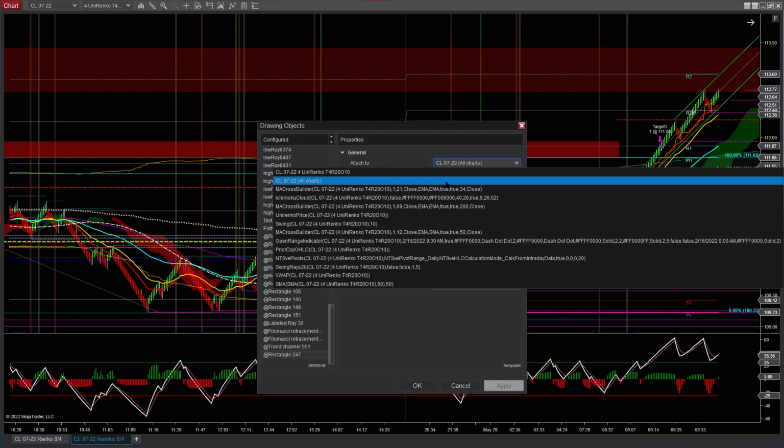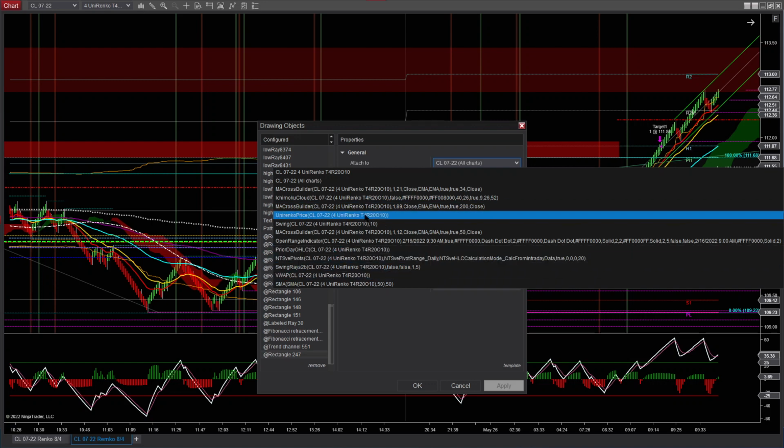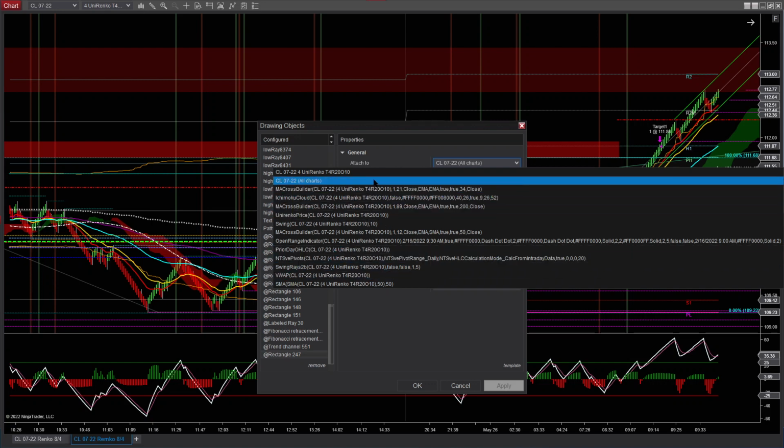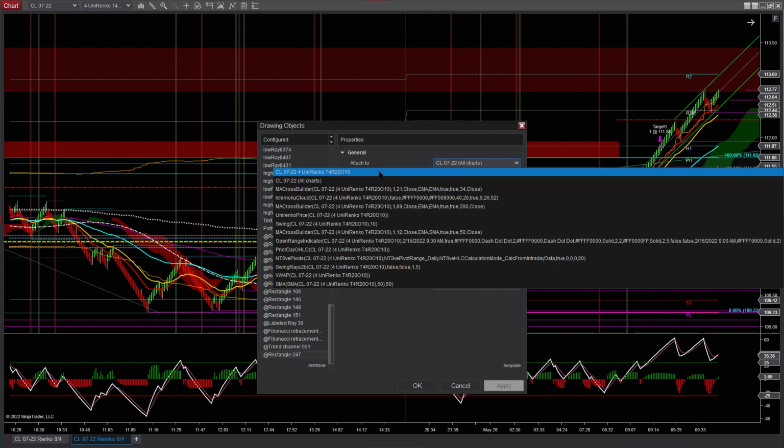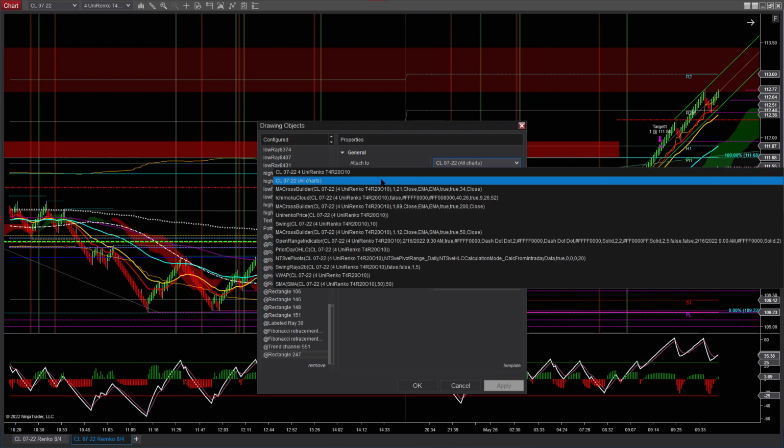Or you can attach it to an indicator. I don't use any of this, but if you attach it to all, then all the screens or all the charts that contain the CL are going to display the same one, so you don't have to repeat it everywhere.